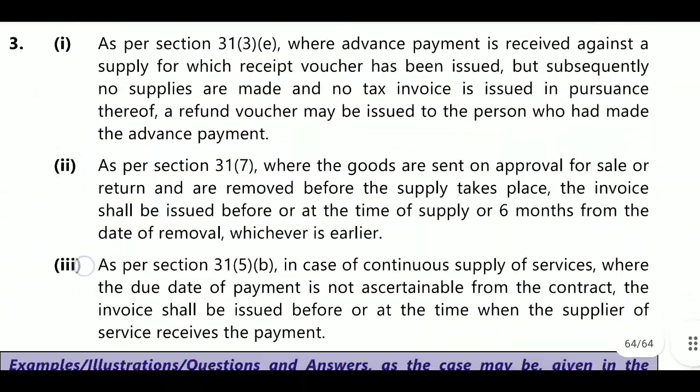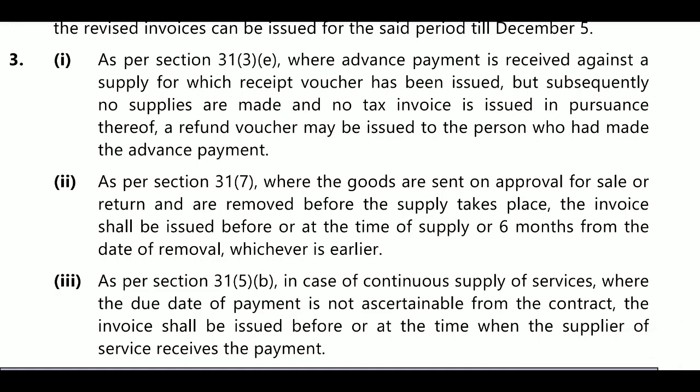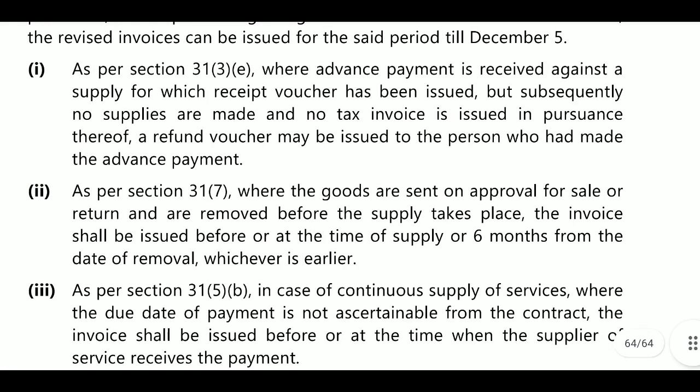Question number 3, answer: as per section 31(3)(e), where advance payment is received against a supply for which a receipt voucher has been issued, but subsequently no supplies are made and no tax invoice is issued, then you must issue a refund voucher to the person who has made the advance payment.